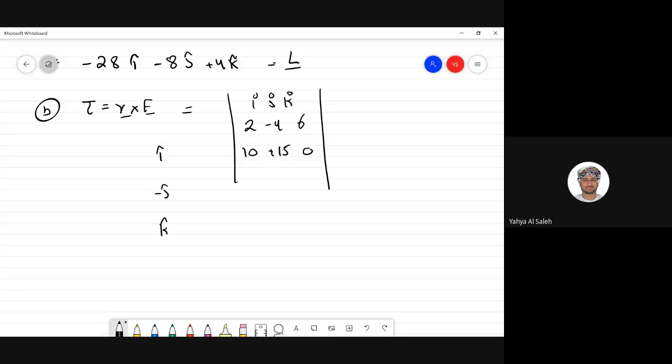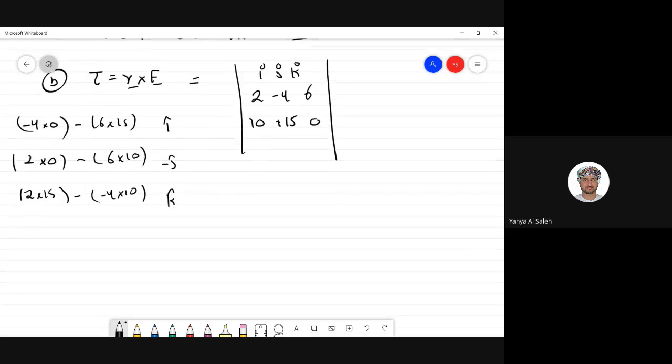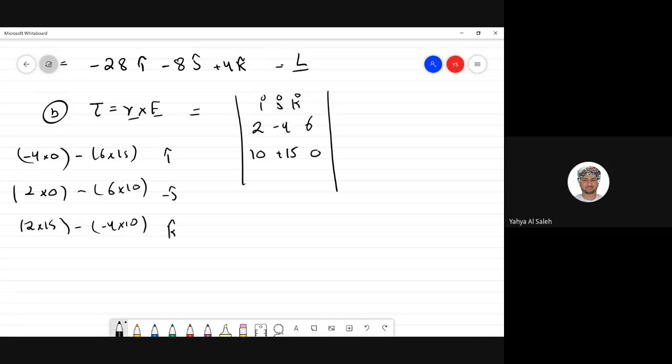So I will have 2 times 0 minus, nope, sorry, minus 4 times 0 minus 6 times 15. Then 2 times 0, 6 times 10, 2 times 15 minus 4 times 10.